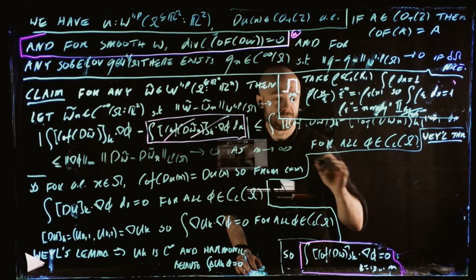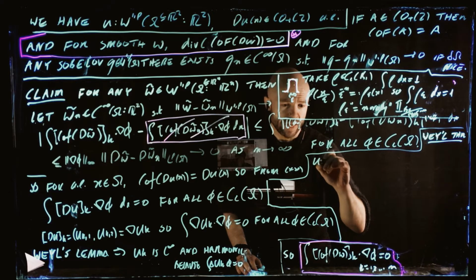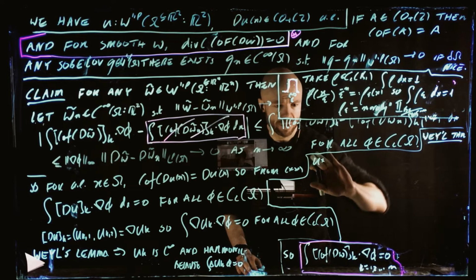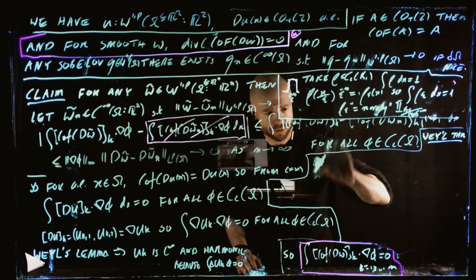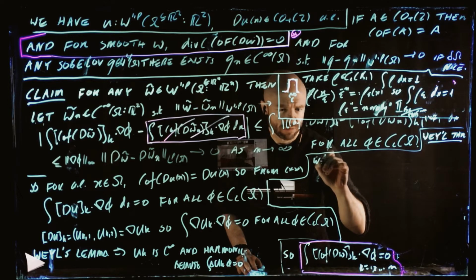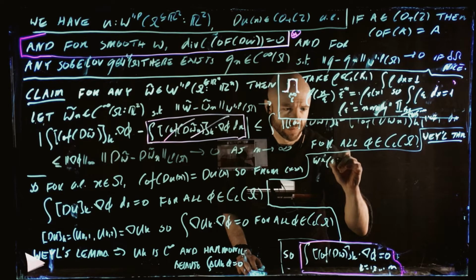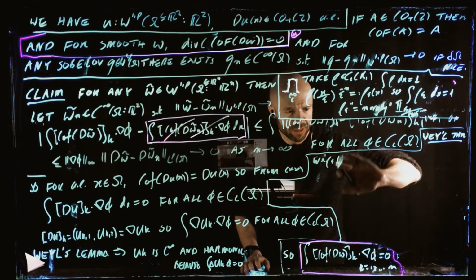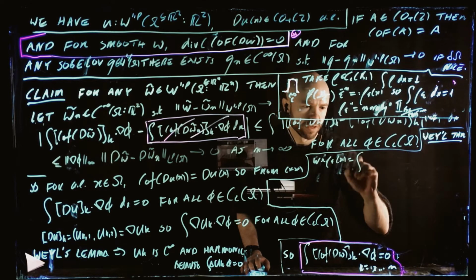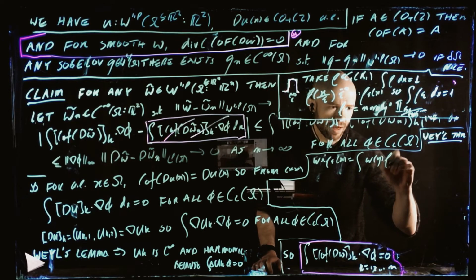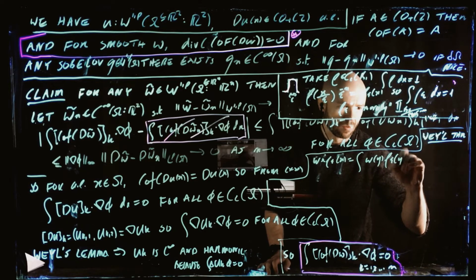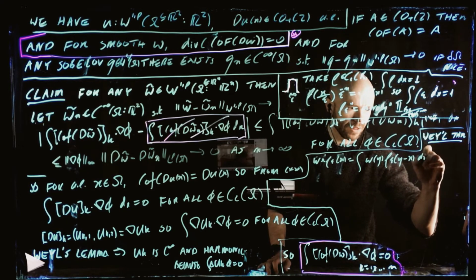Okay, so when we convolve, what we do is the following. We take our function, let's call it w again because we just used u. We define this to be the integral of w of y, rho of y minus x, dy.